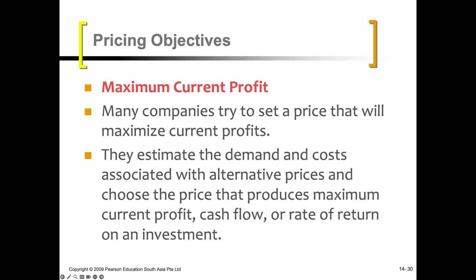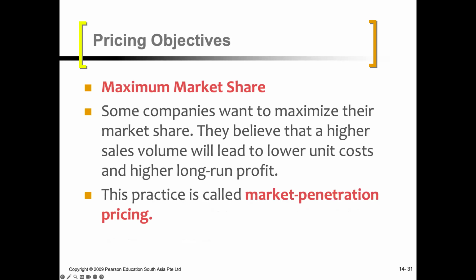Maximum current profit. Many companies try to set a price that will maximize their current profits by estimating the demand and costs associated with alternative prices. Then they choose a price that produces maximum current profit, cash flow, or rate of return on investment, or ROI.